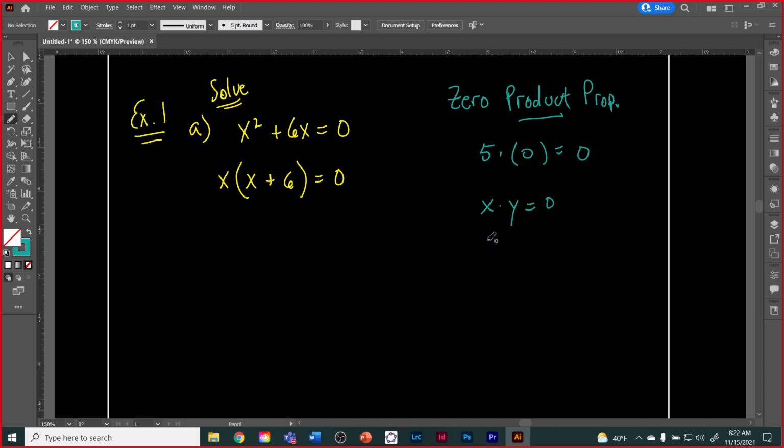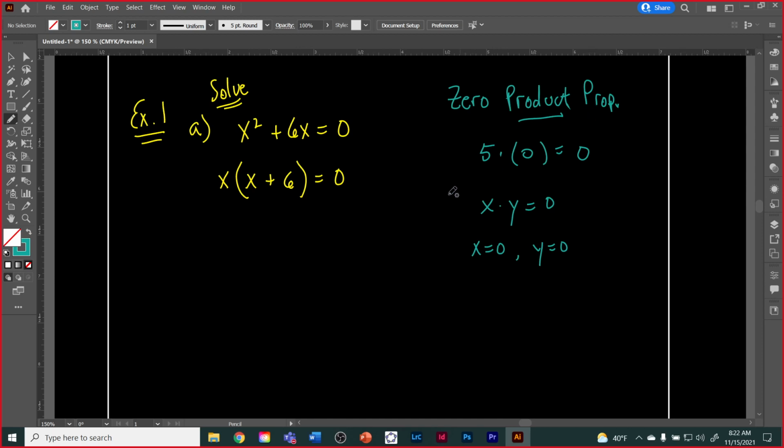So I could say x equals 0 and y could equal 0, right? You with me on this? All right. So either one of these could be 0. So it doesn't matter what x is. X could be like a 17. As long as y is 0, then this product is equal to 0. That's the zero product property. You with me on that?